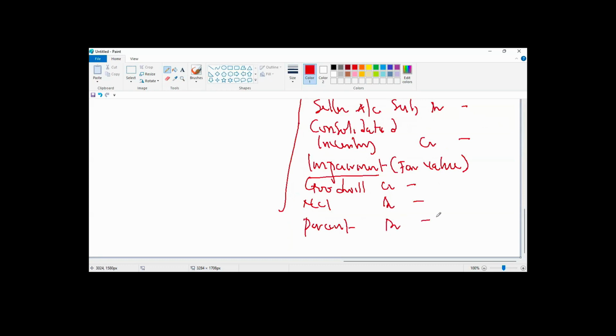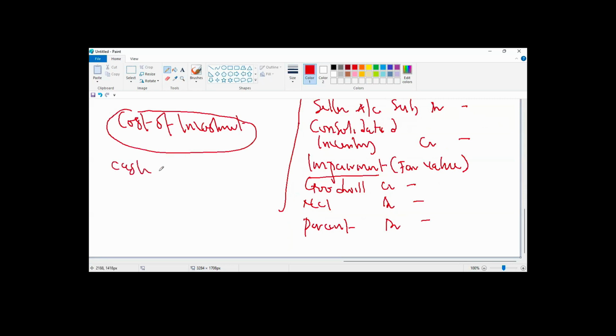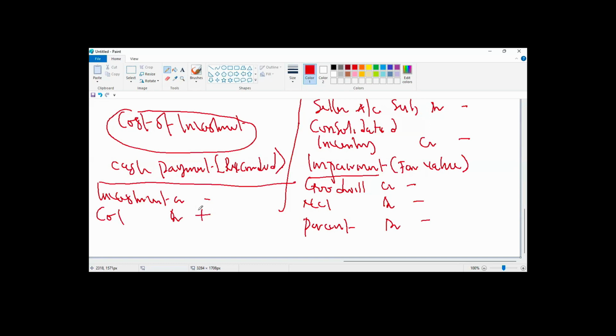This is it. Then on the cost of investments, it is cash payments, and it is recorded. When it is recorded, investments credits, cost of investments, then SCR valuation, and so on. That's all in the question.